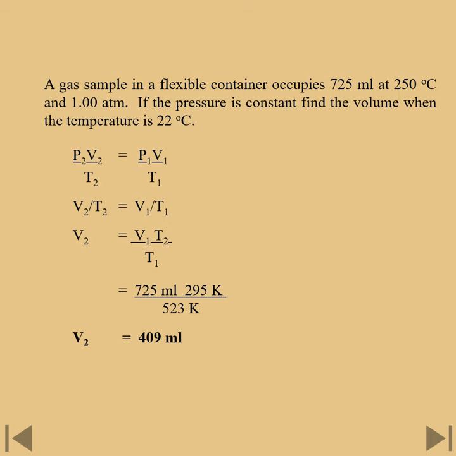Note how kelvins cancel, giving us the appropriate units of milliliters. And we had a decrease in volume. Does that match a decrease in temperature? It certainly does. So we can have confidence in our answer. Now, are we 100% sure this is correct? No, we're just sure that it's not grossly incorrect.